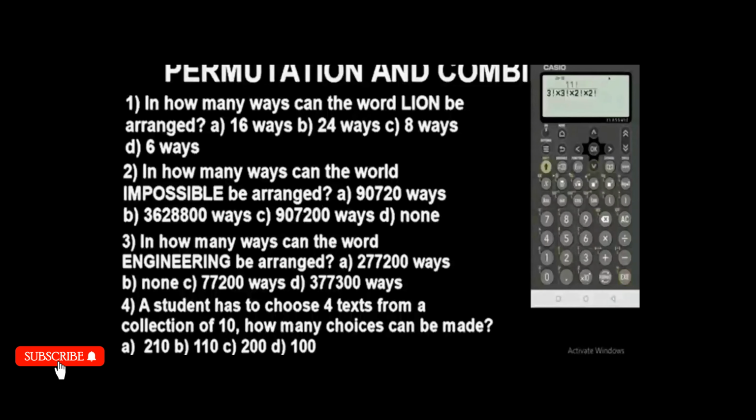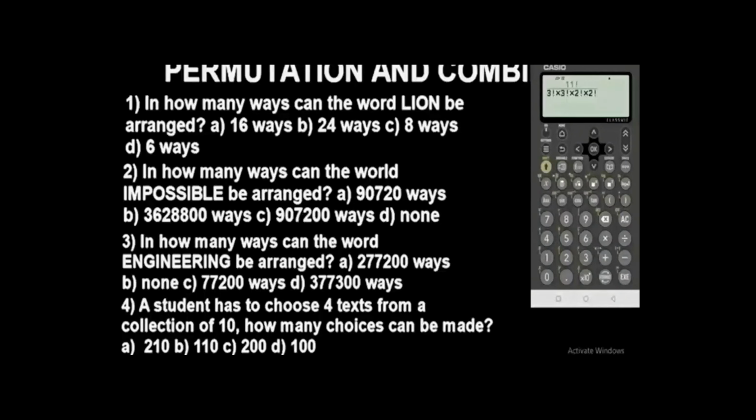And the letter N, we have done it. E, we have done it. G, we have done it.